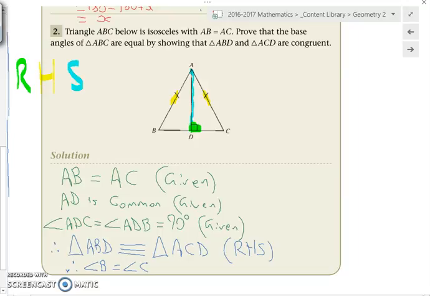What would be your reason? There's actual technical words we should use. Corresponding angles in congruent triangles. Yeah.